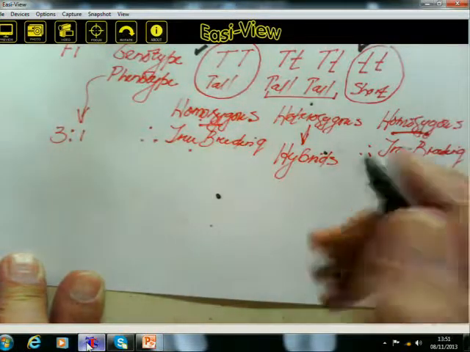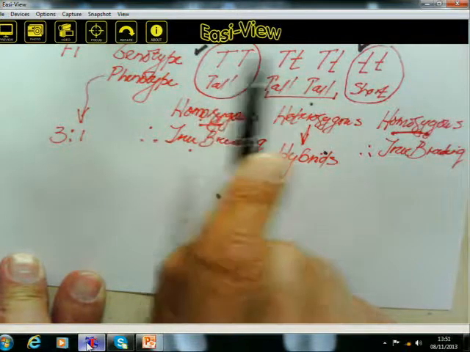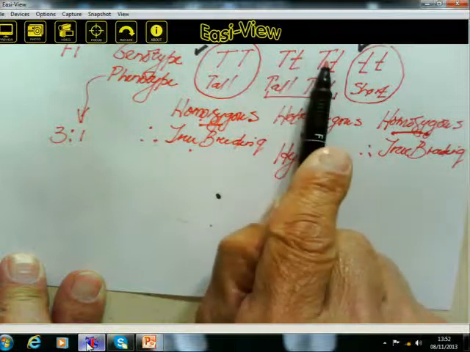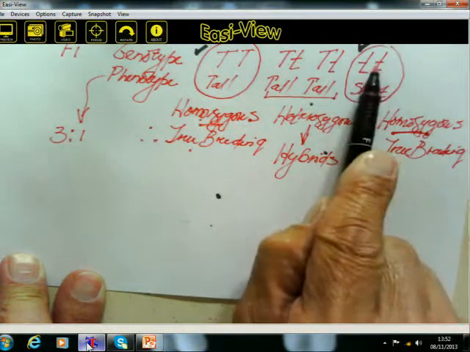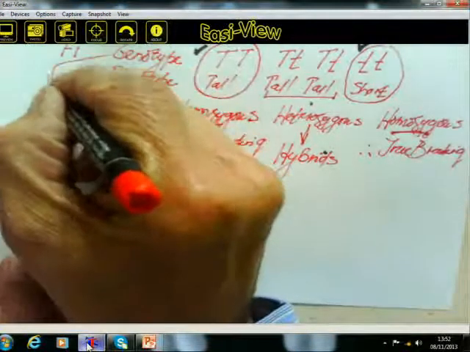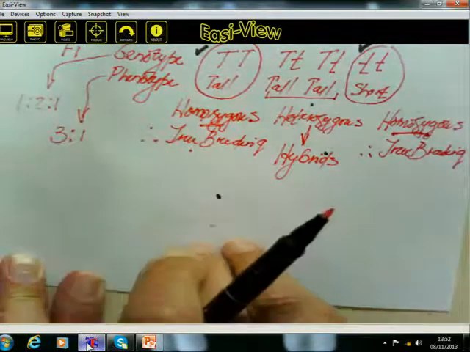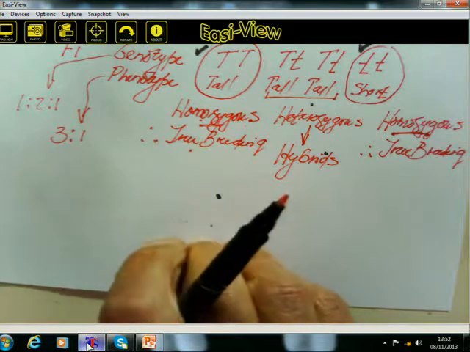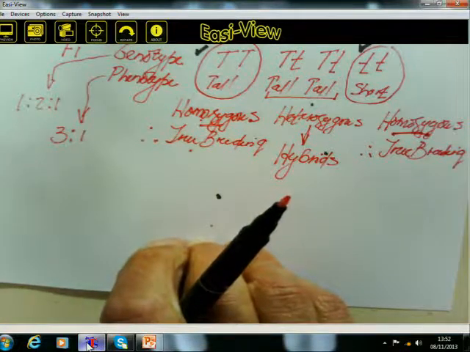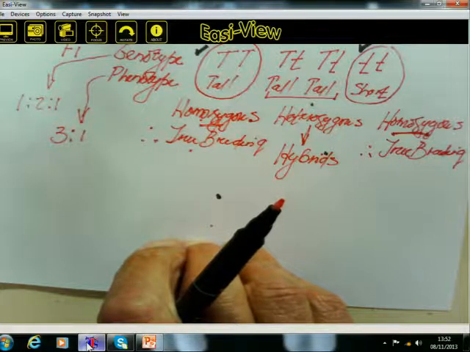But if you go to the genotype, that one is homozygous tall, those 2 are heterozygous tall, and that one is homozygous short. So the genotypic ratio in this case will be 1:2:1. That information of the phenotypic ratio and the genotypic ratio of 1:2:1 is very important to bear in mind because it's information that you require to solve certain problems.